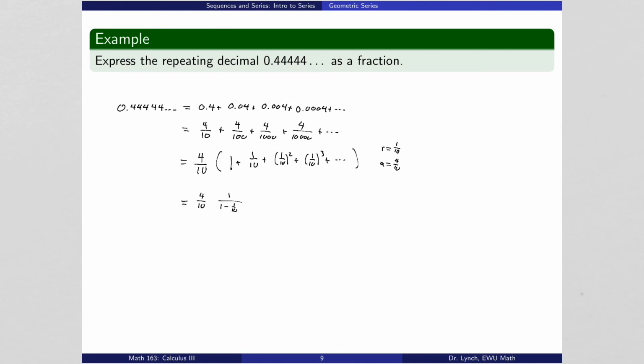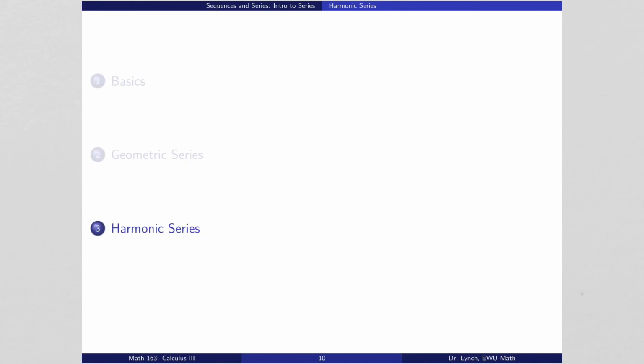Now that fraction simplifies pretty quickly: 4/10 times 1 over 9/10, which is exactly 4/9. So that's the fraction representation for the repeating decimal 0.444 forever. Okay, last thing to discuss in this section is an example of a series that's always divergent.